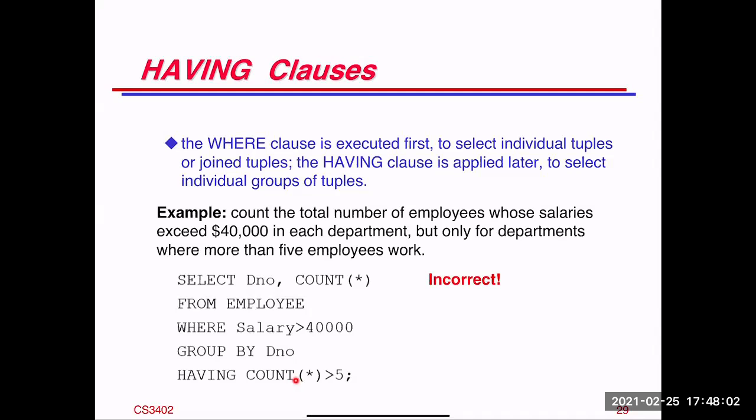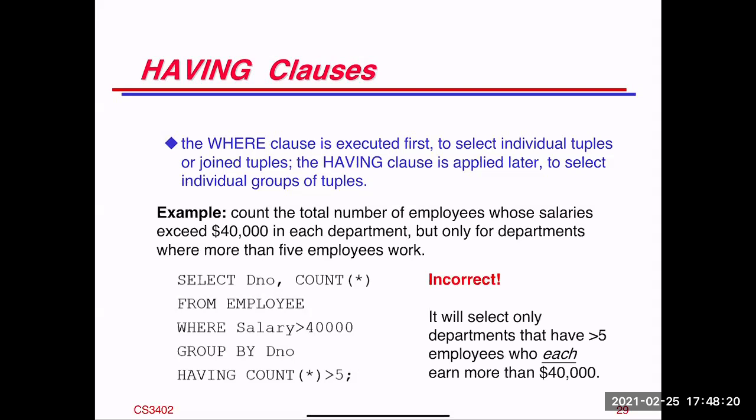This is from the having clause. But each one of these employees needs to have a salary that is greater than 40,000. Okay, so this is not what we want here.